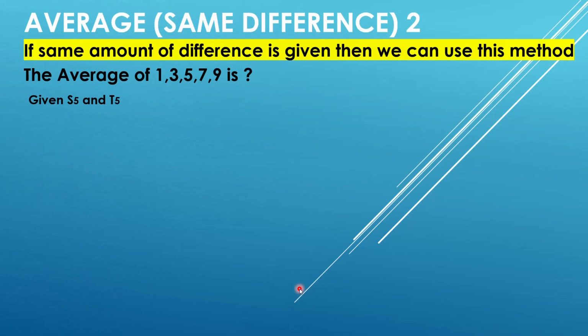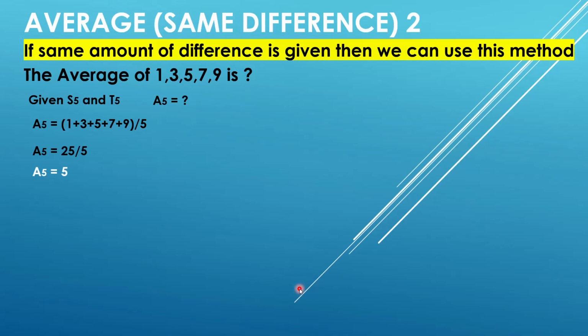Here S5 is given and T5 is also given. We need to find A5, the average of these 5 numbers. How can we calculate? A5 is equal to the sum of the first 5 numbers divided by 5. The sum is 25, therefore the average is 5.